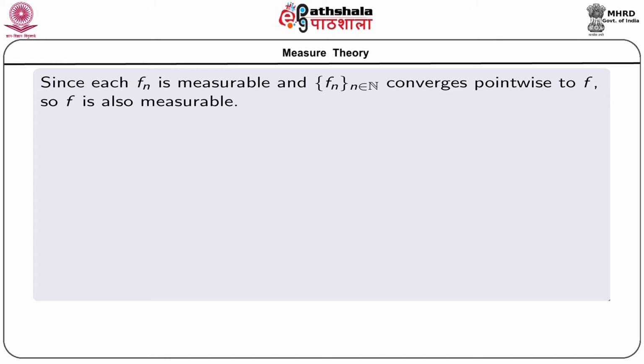We start the proof. Since each Fn is measurable and by our assumption the sequence Fn converges pointwise to the function f, so f should also be measurable.